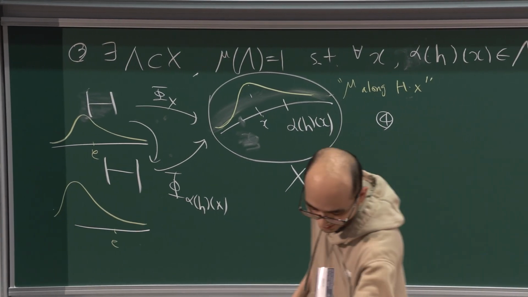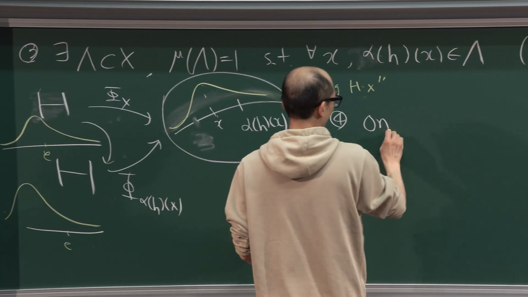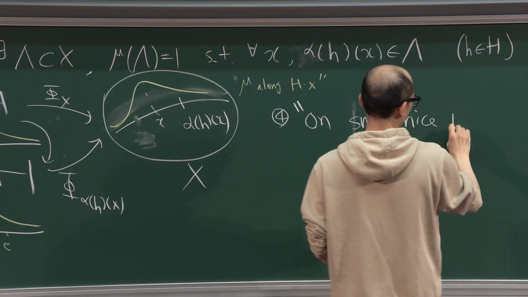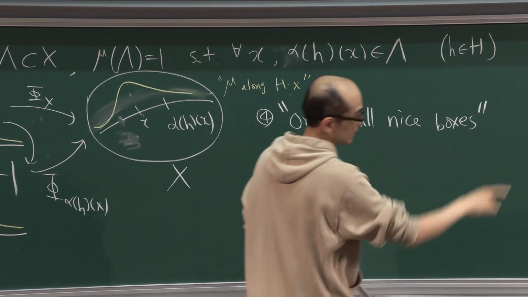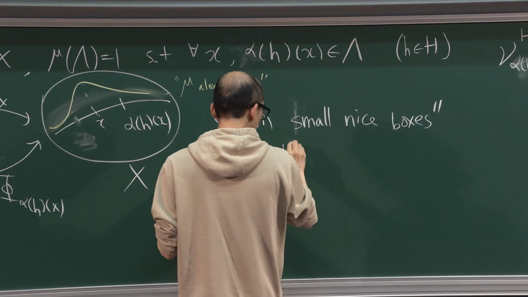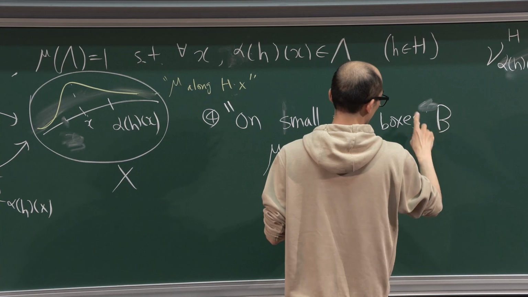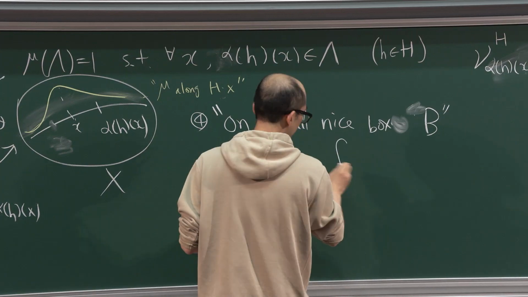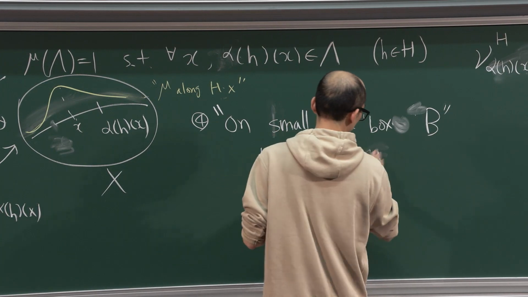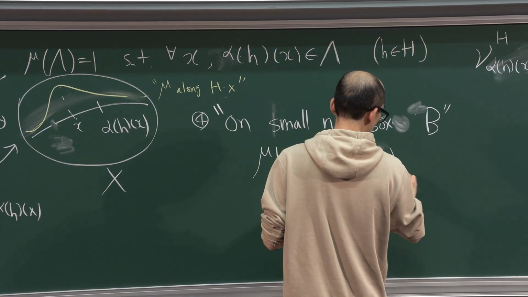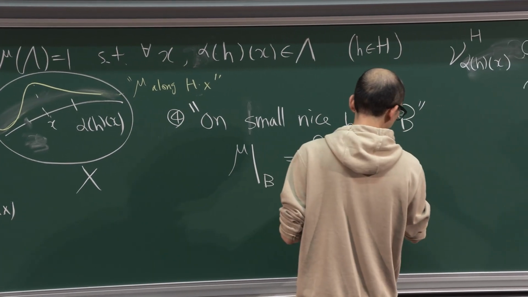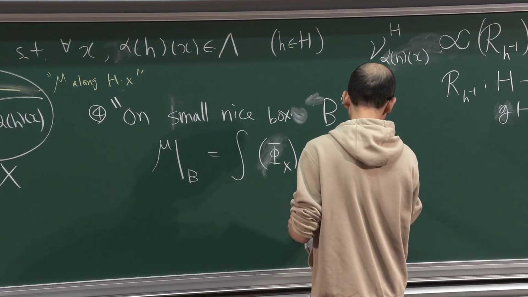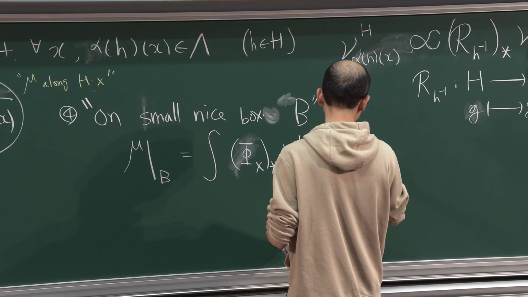So now I want to say that on a small enough, nice box like that, your measure restricted to this box B is the integration of mu, let's say phi of x star nu of xh, restricted to this box, and then some other measure, some transverse measure.